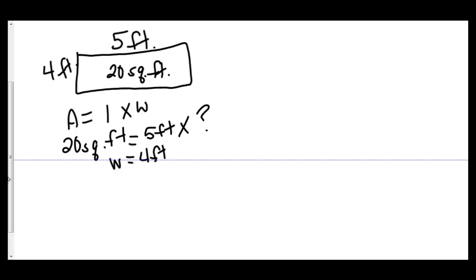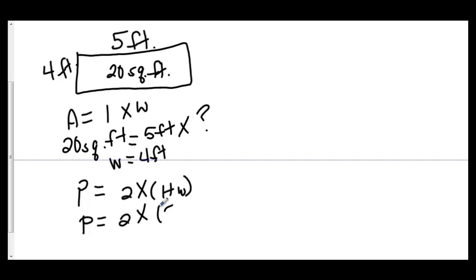Right, so again, I'm going to stick with the same formula I've been using. Perimeter equals 2 times length plus width. It's going to be 2 times 9, which equals 18 feet.